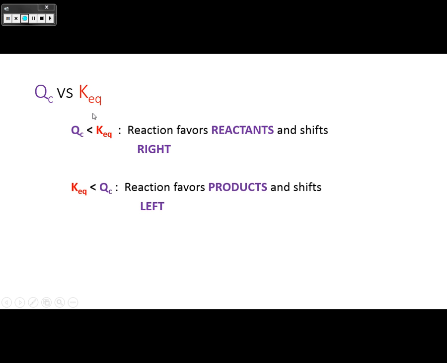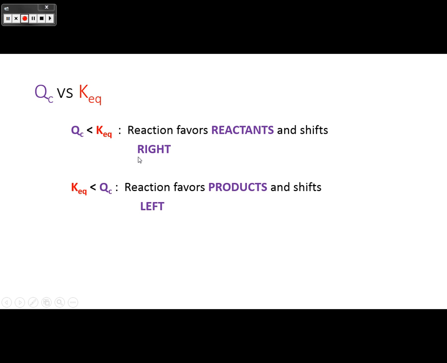So I like to think of equilibrium as being the center. If Q sub C is less than KEQ, it's to the left. That means that we favor reactants, and in order to get to equilibrium, we have to go right. If Q sub C is greater than KEQ, that means that we favor products. We're on the right-hand side, and so we have to shift left in order to be at equilibrium.